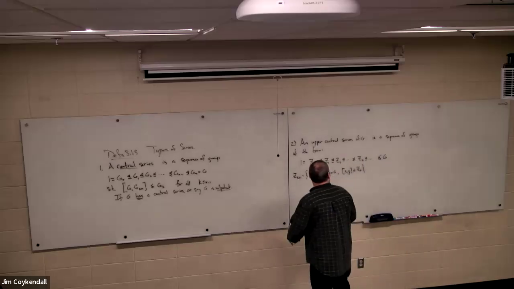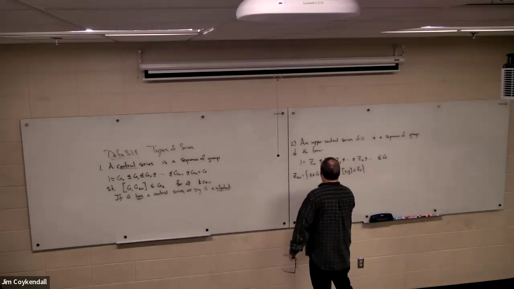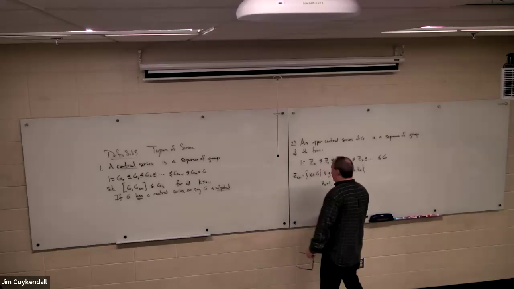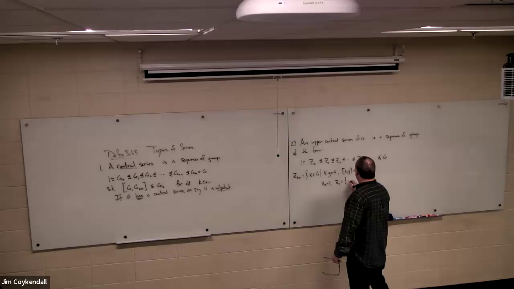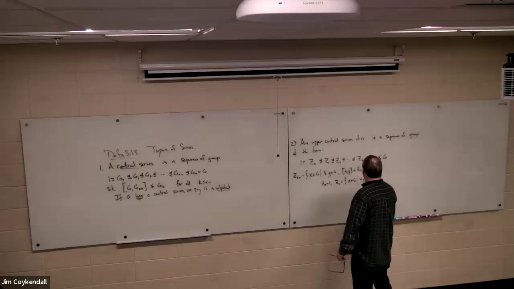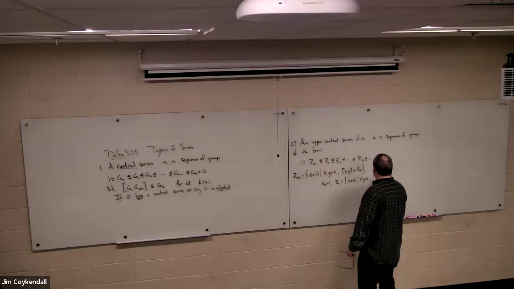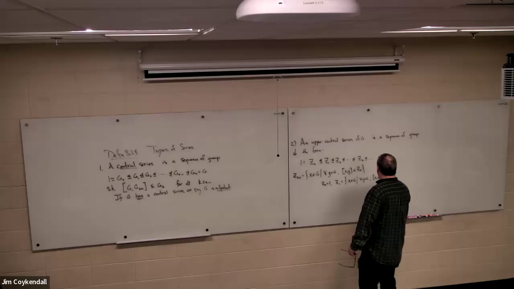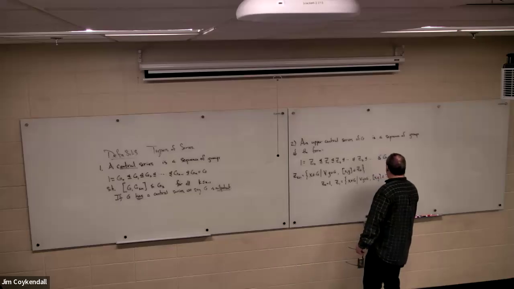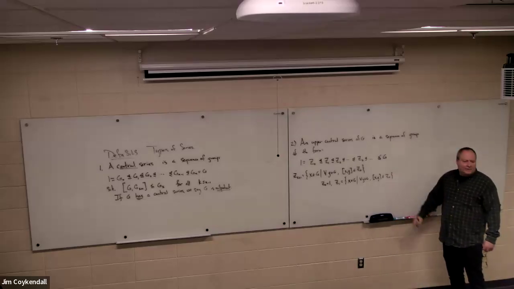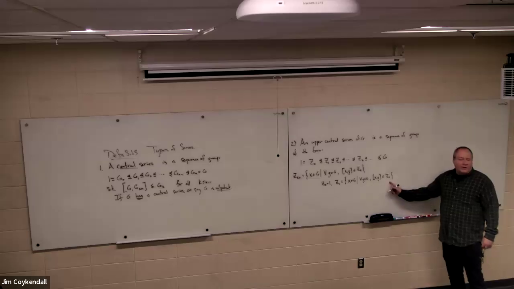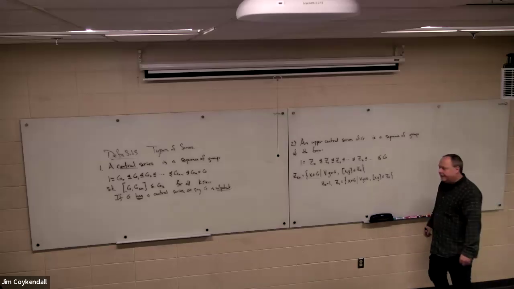Let me explore this one a little bit. What would Z1 be? Let's think about this a little bit. This is x in G such that for all g in G, [x,g] is in Z0, right? Just by the definition. But what is Z0? It's 1, right?